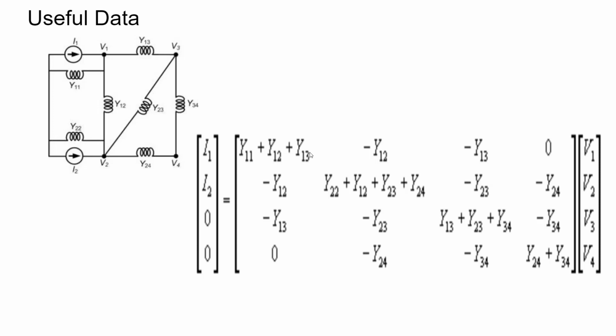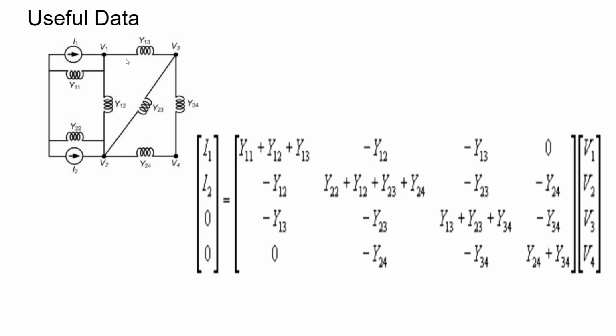Similarly, Y22 is the summation of capital Y22 plus Y12 plus Y23 plus Y24. Similarly, Y33 is given as Y13 plus Y23 plus Y34.